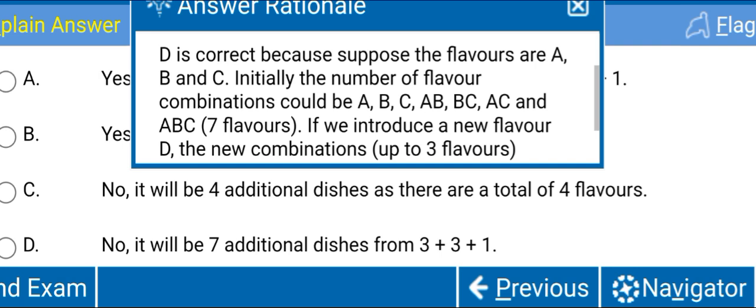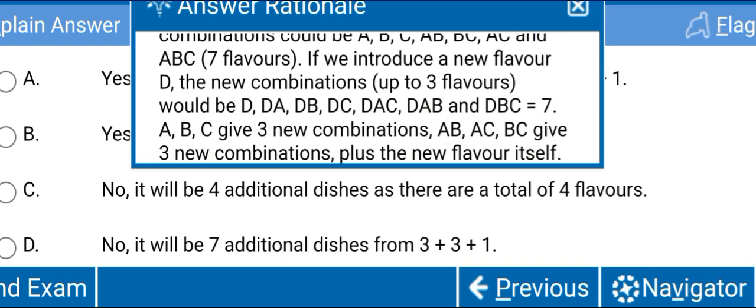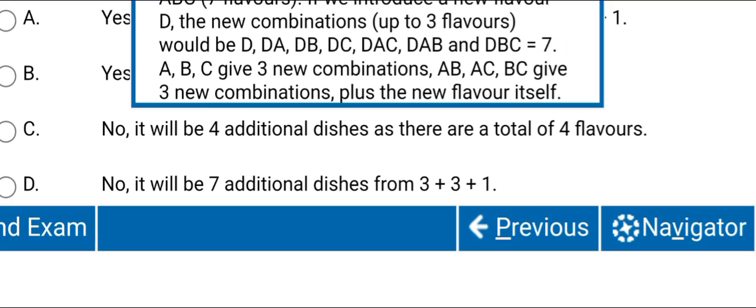So if we introduce a new flavor D, the new combinations up to 3 flavors would be D, DA, DB, DC, DAC, DAB and DBC, which equals 7. So ABC gives 3 new combinations, AB, AC, BC give 3 new combinations, plus the new flavor itself.